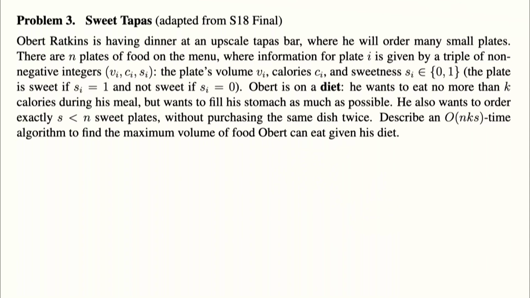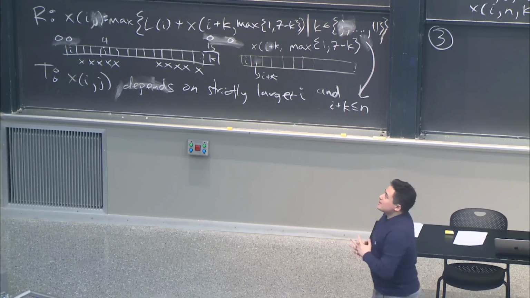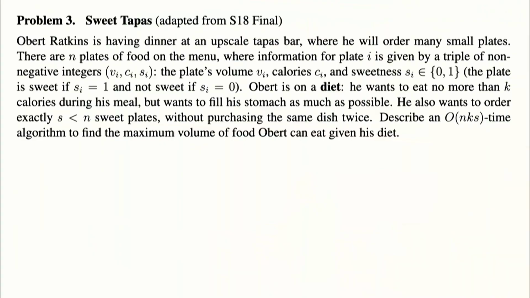And here, is it? All the ones previously were. This one was order n, that was order n squared, because n was the number of things in my input, the number of words it took to give you that input. Here, what do I have? I have a triple of numbers for each plate. There are n of them. So n is polynomial. S is polynomial because S is smaller than n, and it's a positive number.